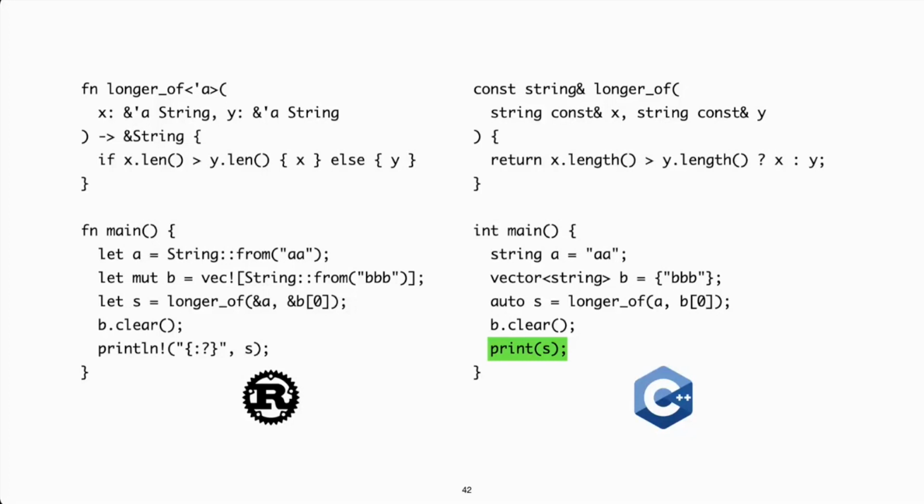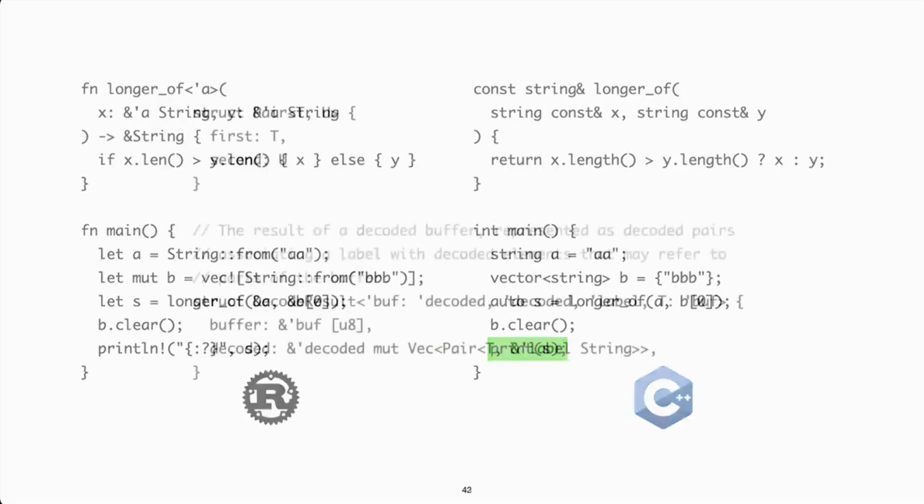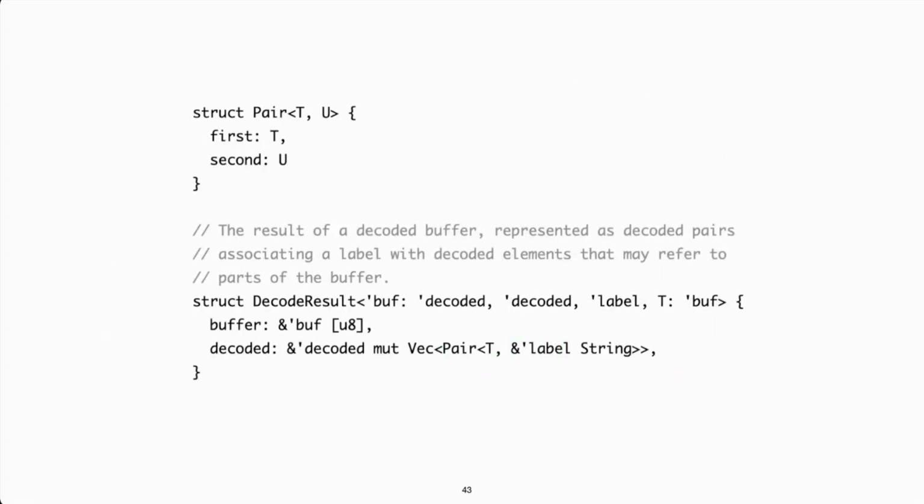So lifetime annotations are a very nice mechanism. It's super powerful, but it's also kind of complex to use and can go out of hand, like in this example. Here we defined 3 different lifetimes to describe the possible references of our decode results type. So we have buff, which is the lifetime of the buffer that we have, and the colon indicates that this lifetime must be longer than decoded, right?